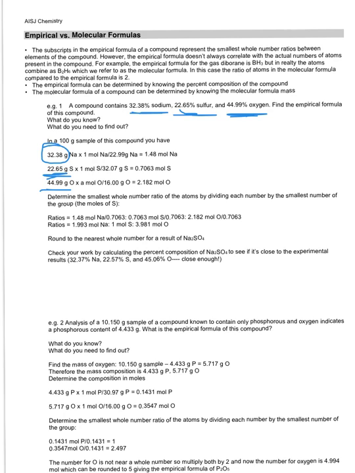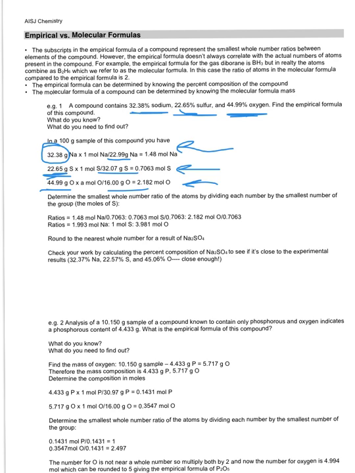So you can calculate the relative moles of each element, knowing, of course, the molar mass of each element. So 32.38 grams of sodium times 1 mole of sodium per every 22.99 grams of sodium gives us 1.408 moles of sodium. We do the same thing with sulfur and oxygen to get these mole values.